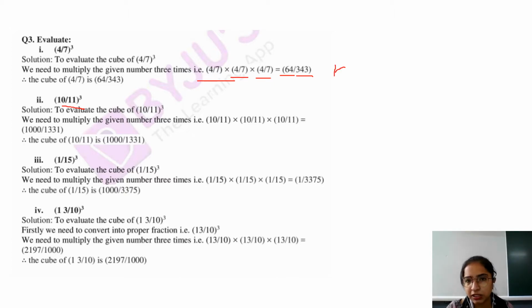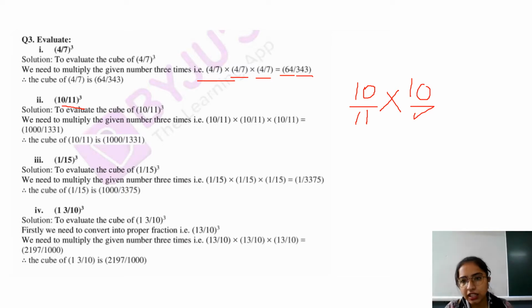Like this you have to multiply 10 by 11 into 10 by 11. I'm going to write over here, just see, 10 upon 11 into 10 upon 11. Three times you have to multiply.